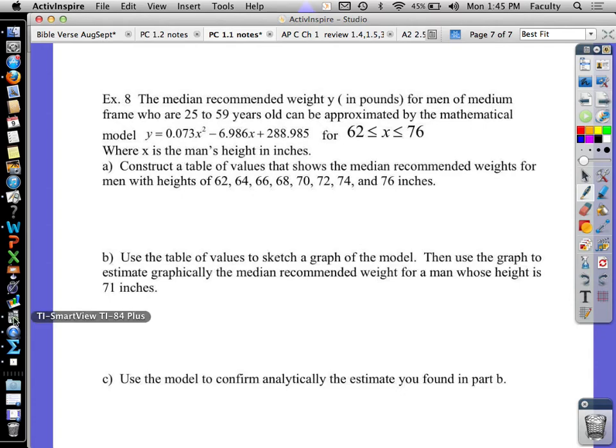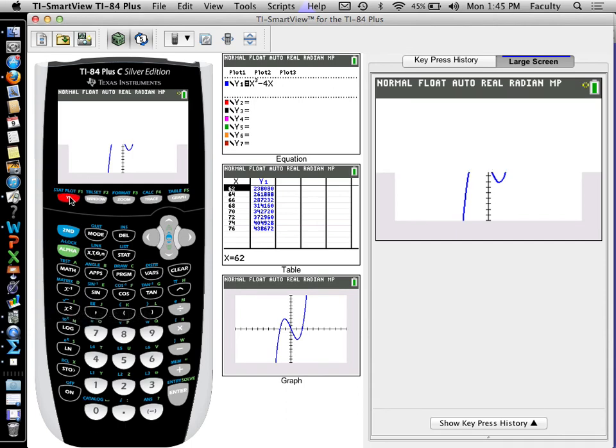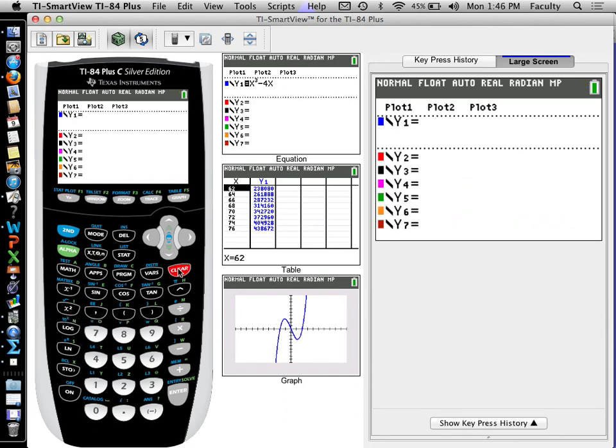Well, let's do this the easy way. Go to your Y screen and let's go enter the equation. So that's going to be 0.073x squared minus 6.986x plus 288.985.